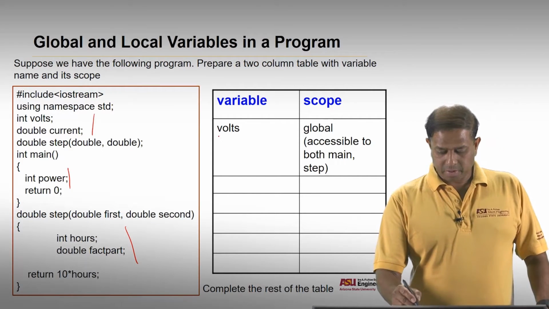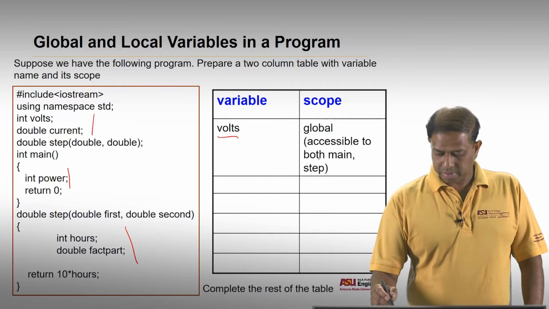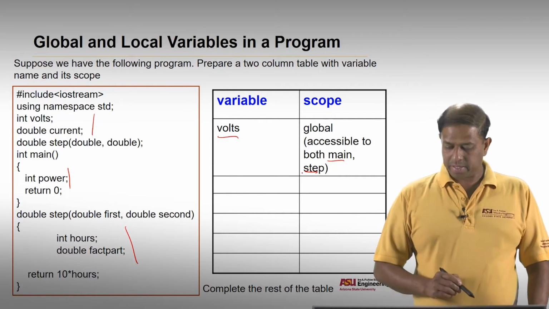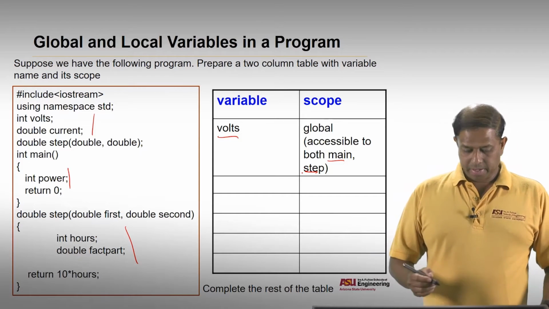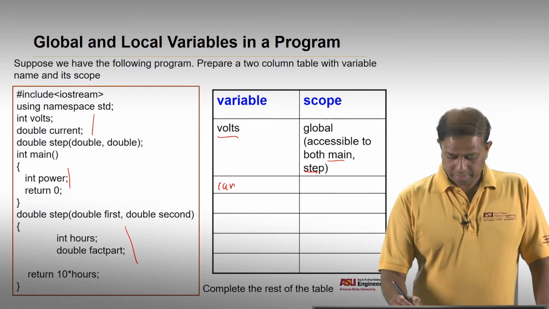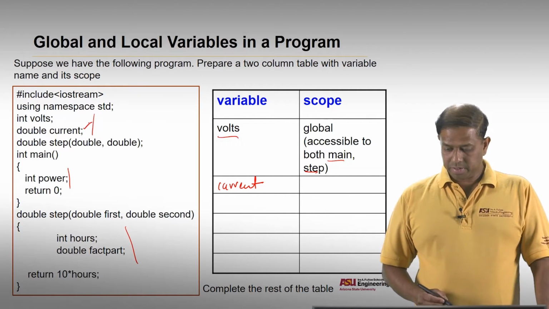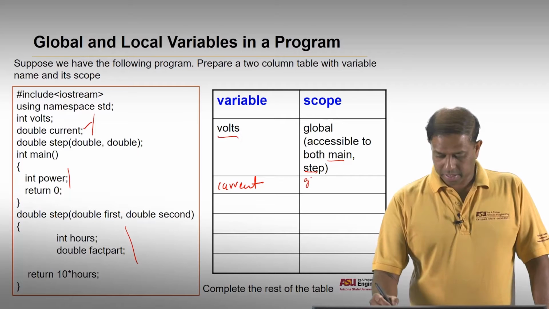Now the waltz variable is a global variable, so it's accessible to both main and the step functions. And the next one is current. The current is also a global variable, so it can be accessible by both main and the step methods.